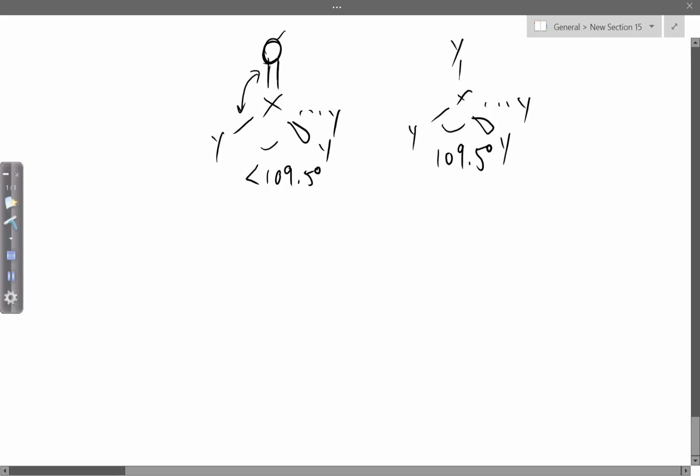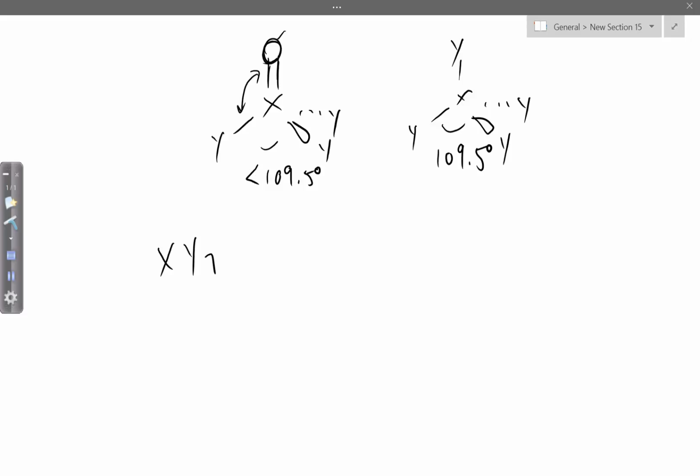So what if I have 7? What will happen? Let's say I have a formula XY7, what is the shape? And let's say there's no lone pair. I teach until 6, but it doesn't mean I have to ask only until 6, right?